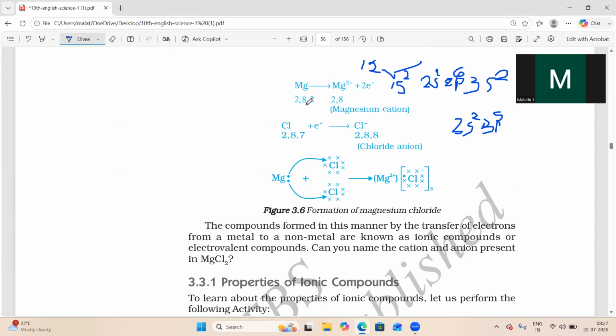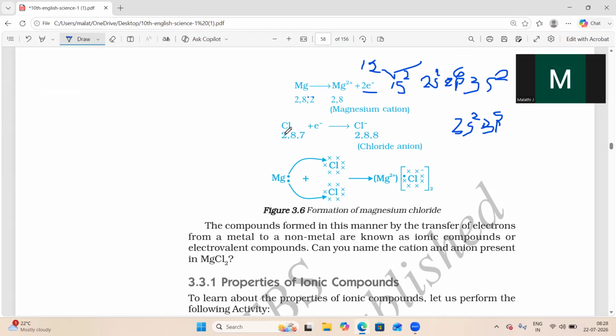So how many electrons are in the outermost shell? 2 electrons. So what will Mg do? To get a stable structure, magnesium is a metal, so it will donate electrons. It will leave 2 electrons.